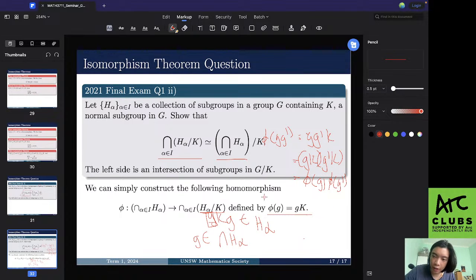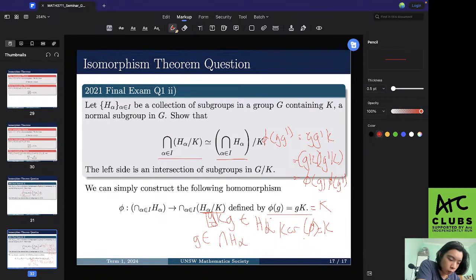So obviously it's a homomorphism. And finally, we just need to know, hey, what is the kernel of this? Well, we want gK to be equal to K, and this is only true if g is an element of K. So we know that the kernel of phi is just K.